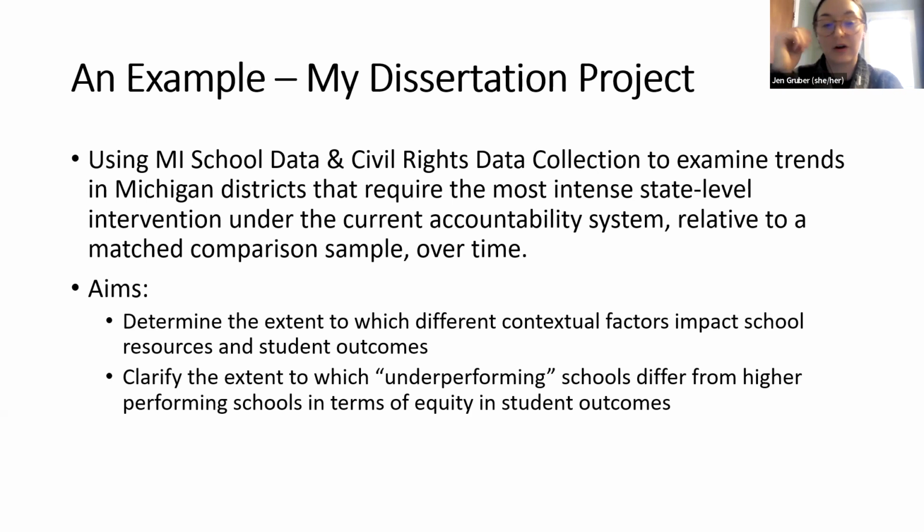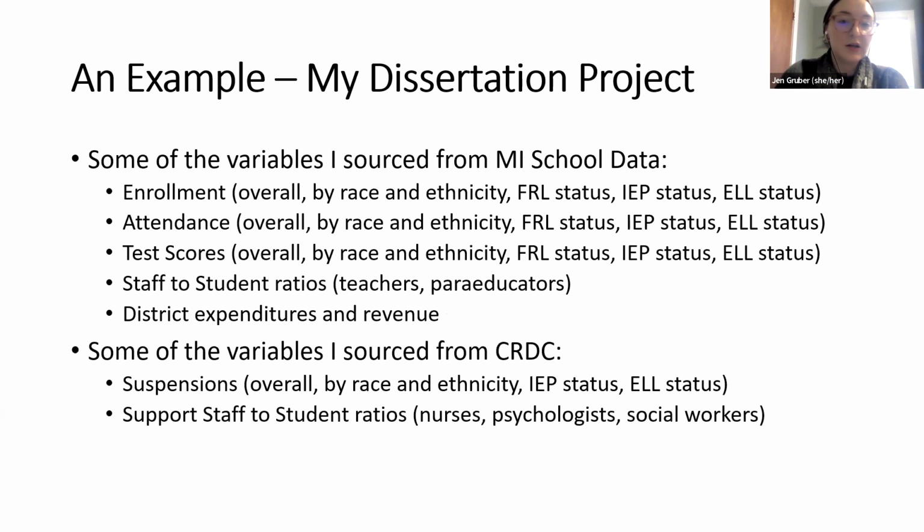I'm looking at whether these schools and districts that have been flagged as underperforming per the accountability system differ from this higher performing matched comparison sample in terms of student outcomes across different subgroups. So is it that maybe these schools that are not requiring intervention serve different student populations? That's my thinking behind that.